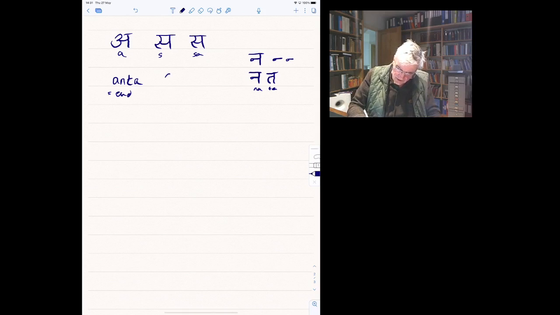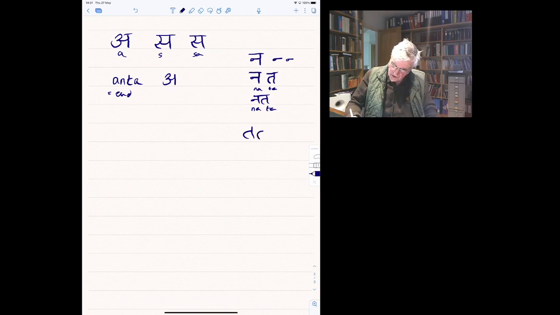So you have to write that in full because it comes at the beginning of the word. This is a. Now we want to write nta. But if I wrote it like that, that would be nata. But we want nta. So what do we do? As we wrote for om tat sat, you remember we wrote ta, then just the characteristic part of the t, the combining form.